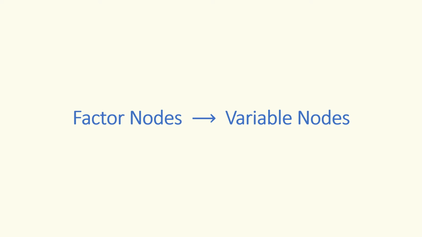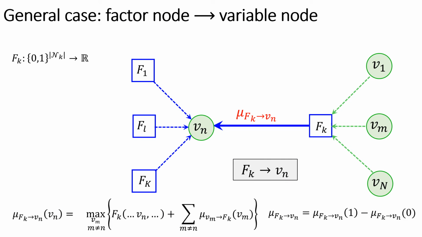So now let's look at the messages from the factor nodes to the variable nodes. To refresh your memories, this is the general situation for any factor graph. This fk is a factor node, and it incorporates a function, for which I've used the same notation fk, and it maximizes something over all variables m not equal to n.